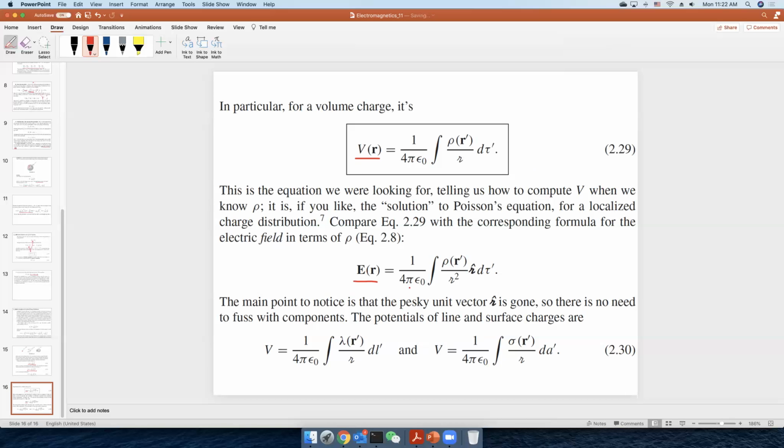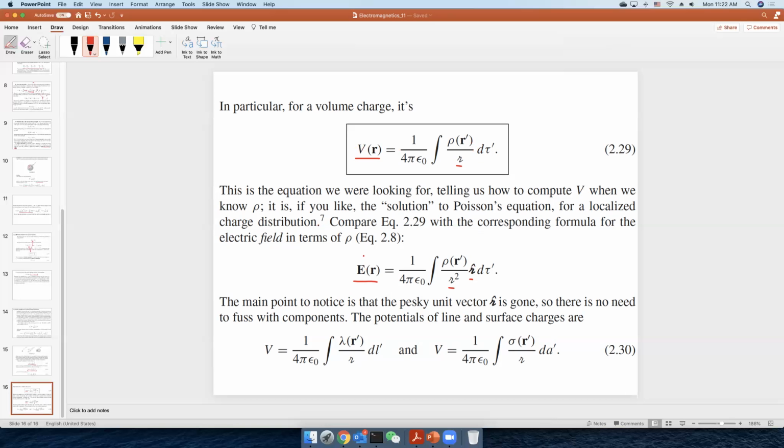The constants are the same. The only difference is that in the electric field you get 1/r squared, but in the potential you get 1/r. The electric field is a vector, with the direction of the unit vector of r, but the potential is a scalar. It doesn't have any direction. That's the difference between potential and electric field.